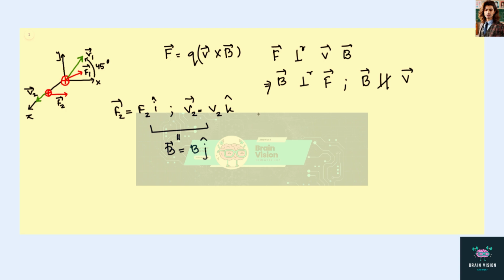Now let's calculate the force F2 using these equations. So F2 is q times v2 vector cross B vector. Let's find just the magnitude. This gives charge, the velocity, the magnetic field, and we have the direction k cap cross j cap.